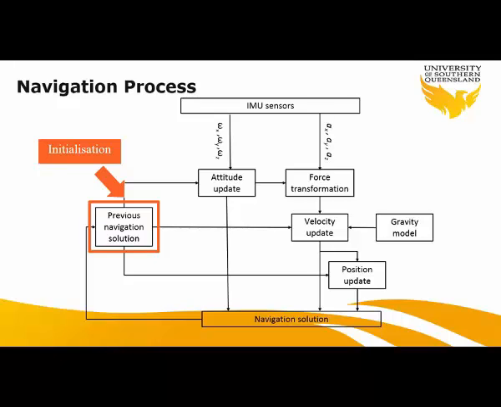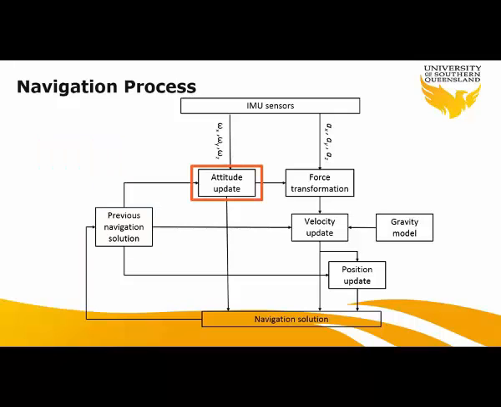Initialization itself is a complex procedure, but we assume that we have the attitude, which is orientation, velocity, and position at a given time. Let's put aside that procedure for now, and we will come back to that later. So we have the initial position. What's happening next is we get the attitude update.